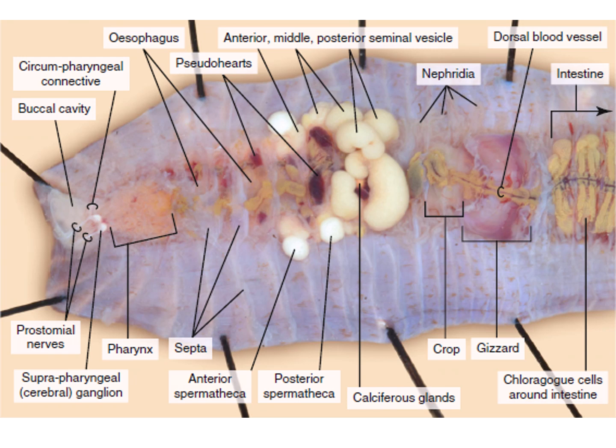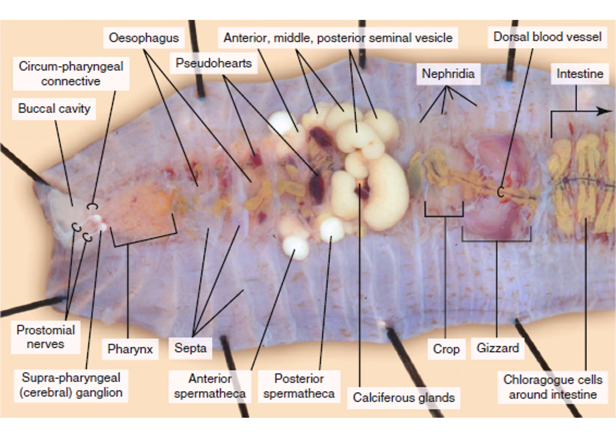More clear and magnified version of the previous slide. So all the organs are visible. We can see here the pharynx and the buccal cavity, and here are the spermatheca and seminal vesicles. Three pairs, anterior, middle and posterior seminal vesicles are observable, and then the anterior spermatheca and posterior spermatheca are visible.